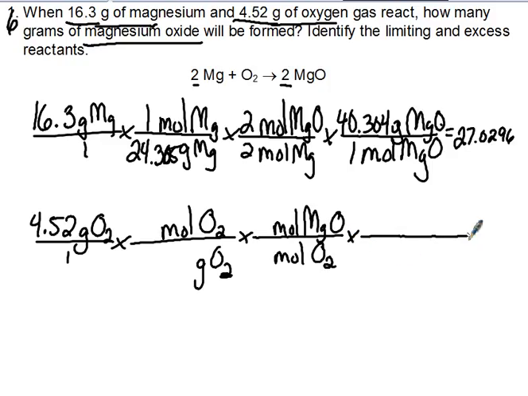And then I'm going to fill in the moles of MgO here to grams. Now I already did this math, so I'm just going to use that math again for my 40.304 grams of magnesium oxide.